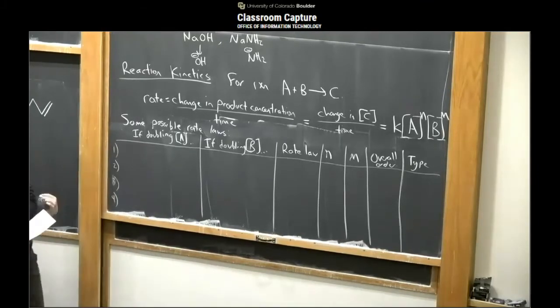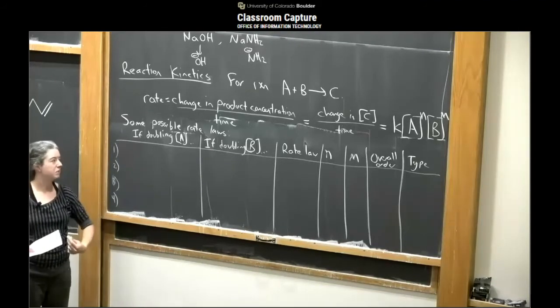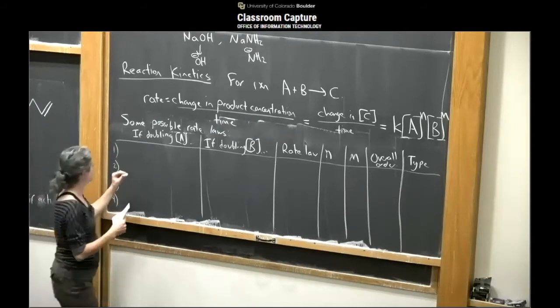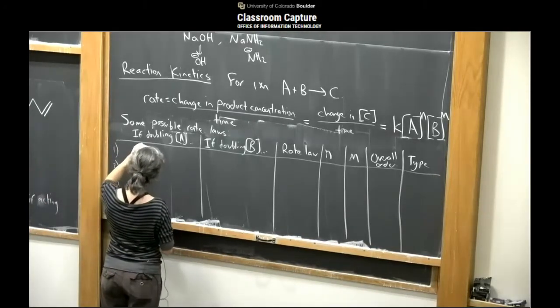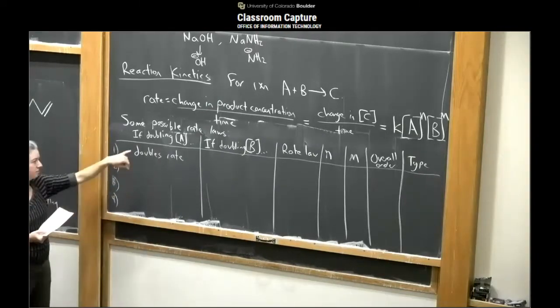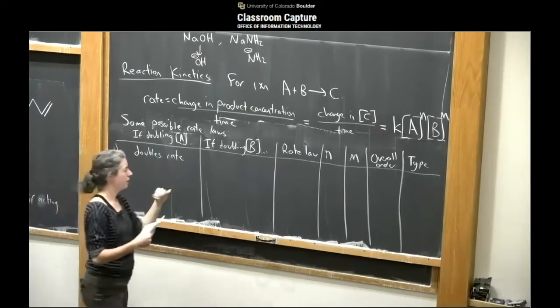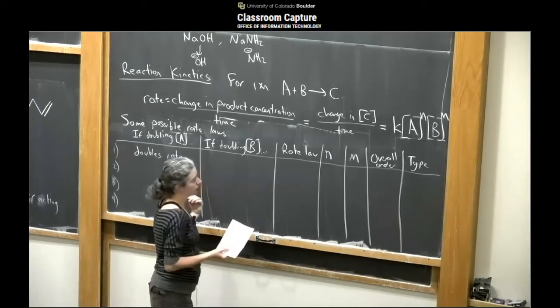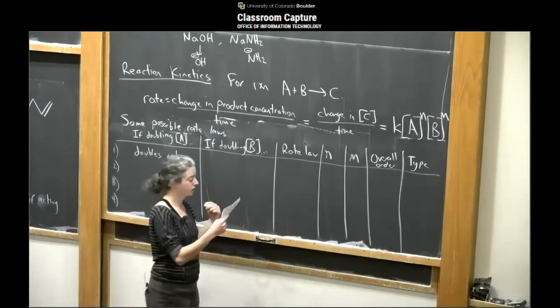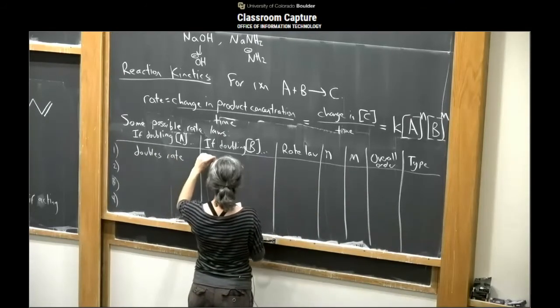Say we do this reaction. We play around with the concentrations of A and B, and we find that doubling A doubles the rate. So in other words, we put in twice as much A, it goes twice as fast. We also figure out that doubling the concentration of B does nothing. No matter how much we put in there, the reaction rate doesn't change at all.